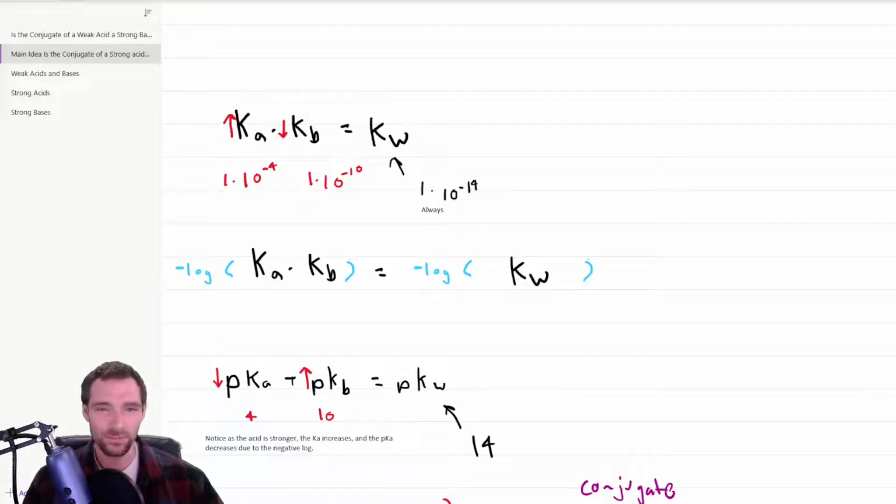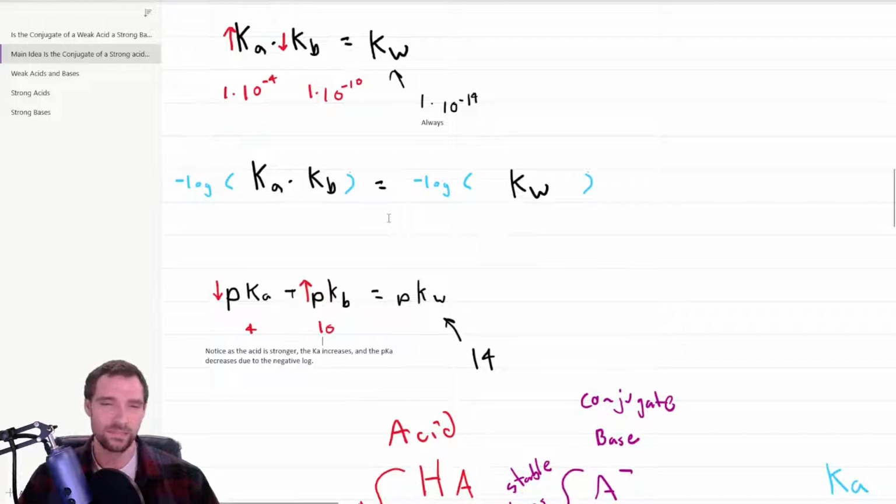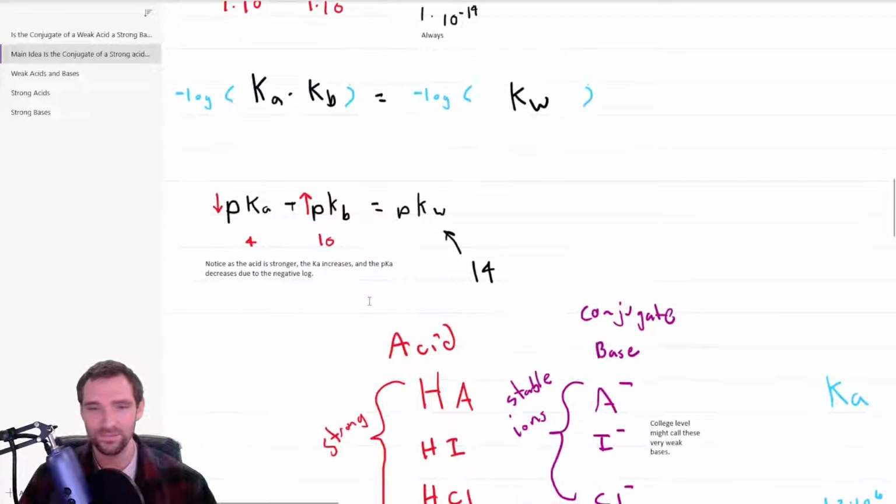And so a bigger number ends up getting smaller values on your pKa scale. And so you can talk about the relative strength of the acids and bases by looking at their Ka values or their pKa values. You're looking at how big or small it is relative to 1, or looking at those exponent values.